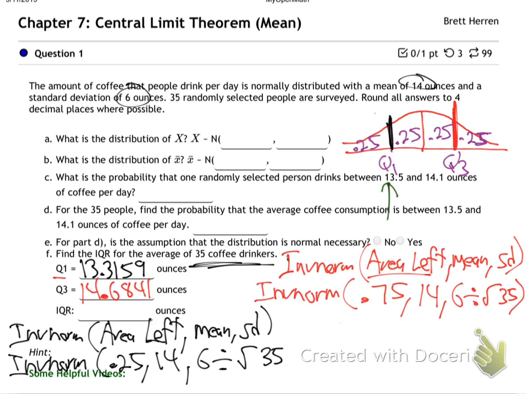I'm betting it's 1.3 something. 1.3651. Thank you. And there's question number 1, and they're all the same. We'll do a couple more, but it's pretty much the same every time. So it's exactly like last night's homework. The only difference is when they have a group, you divide the standard deviation by the square root of the group size.